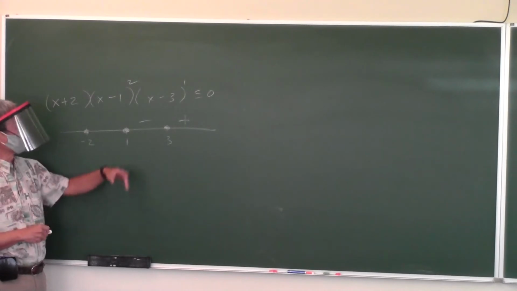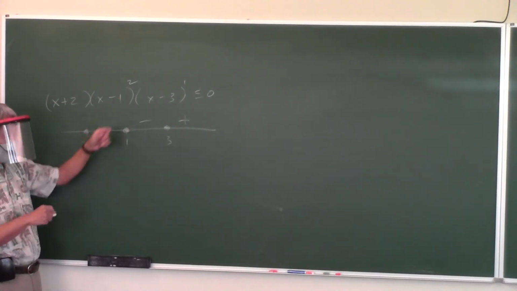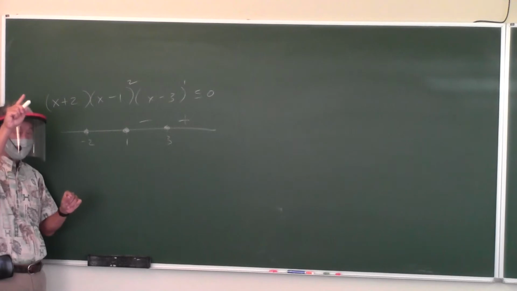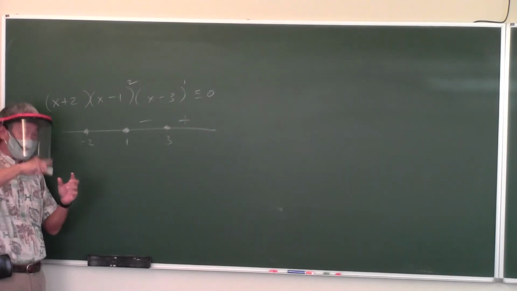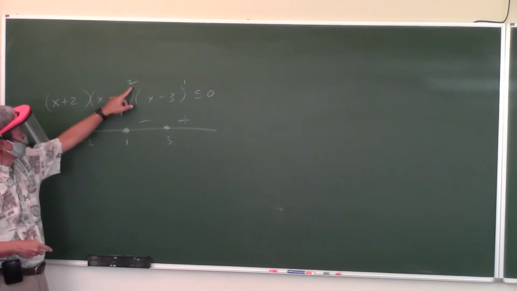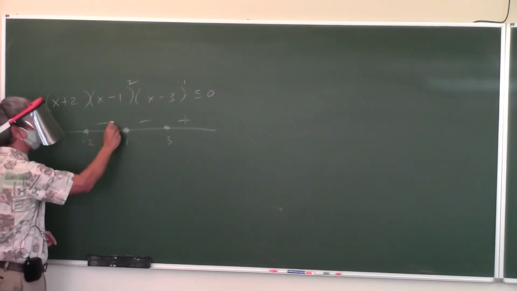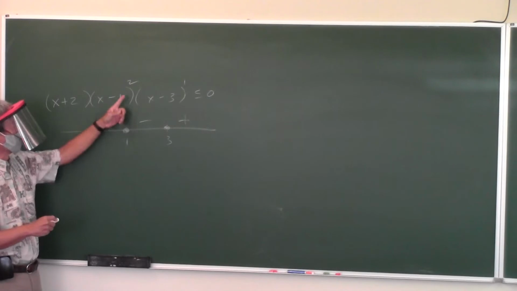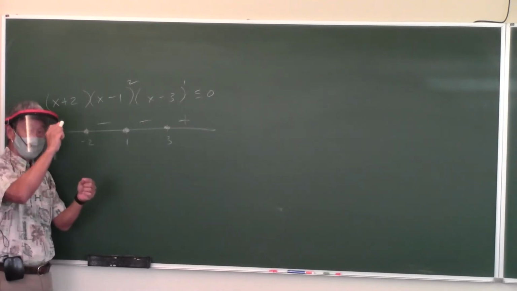Why is that? Because if you think of the graph, odd power means the graph goes through the x-axis, right? So it's going to change sign. 1 came from this factor. It has an even power, so therefore it's going to stay the same sign, because an even power means the graph bounces off the x-axis.